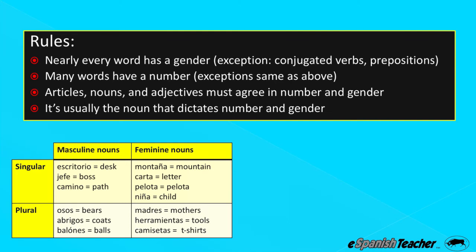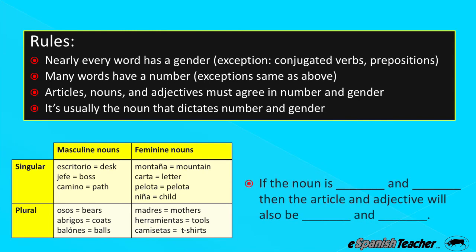I still got a long way to go to explain this entire concept to you. So let's continue forward. Essentially, if the noun is singular and masculine, then the adjective and article will also be singular and masculine. So this little statement here on the right is really just helping you connect the dots here.